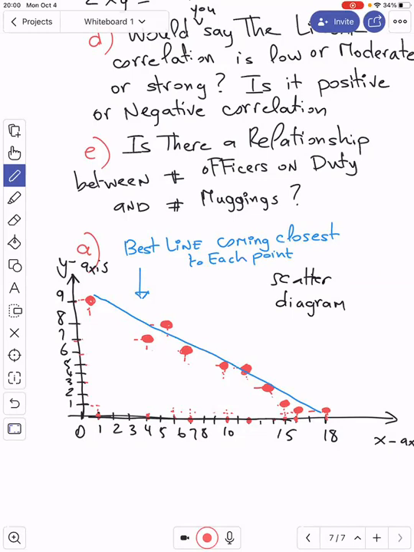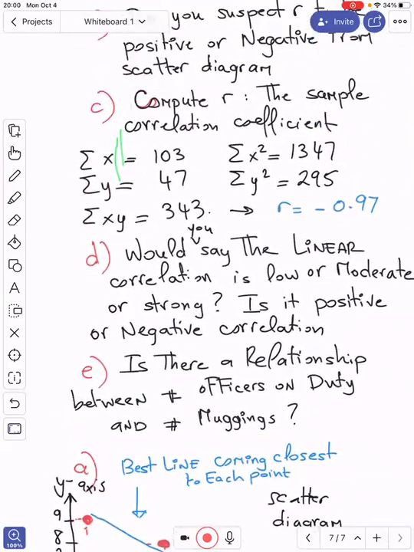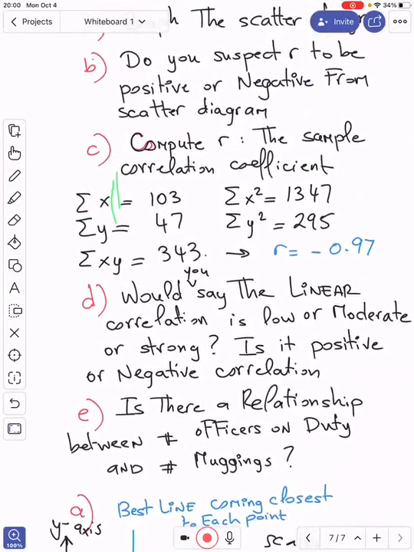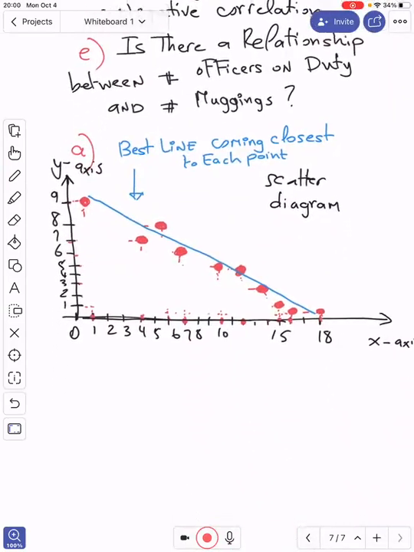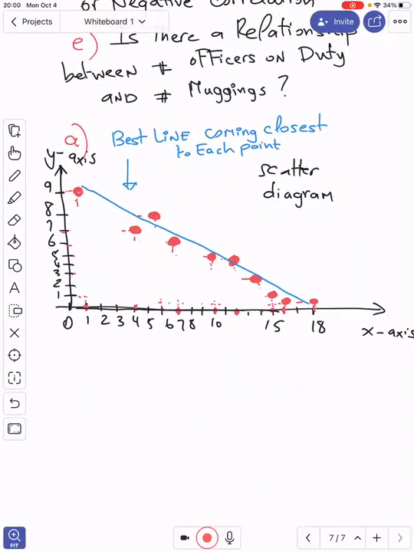So next question, in B, do you suspect R to be positive or negative from the scatter diagram? What do you think, guys? Do you think R, the correlation coefficient, is going to be positive or negative? Any guess?